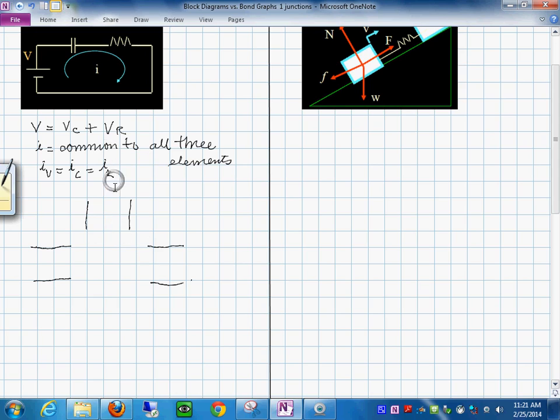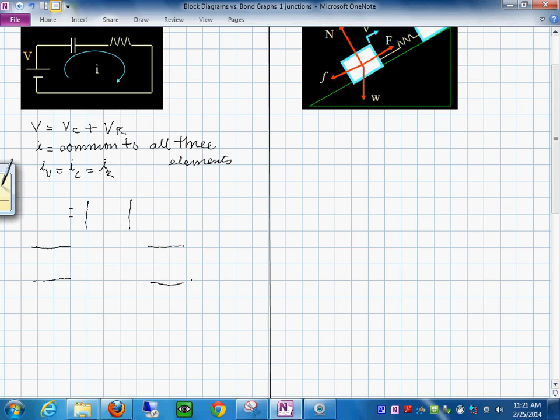All right. In the connection, it's saying basically that this would be the effort is the same. So whatever this is, not the effort is the same, the flow is the same.